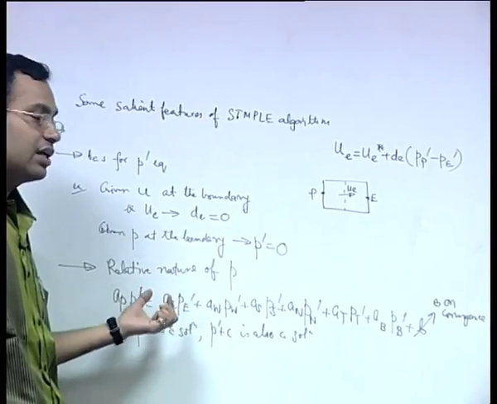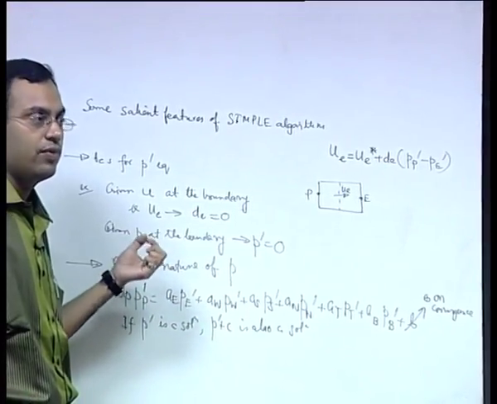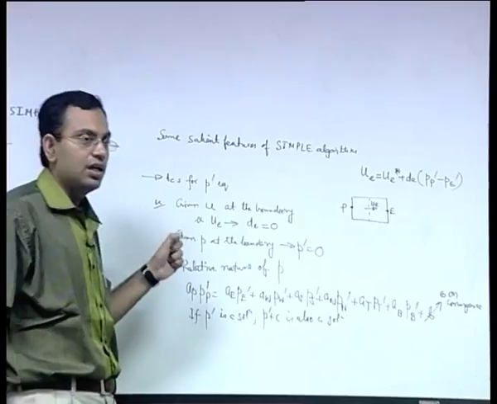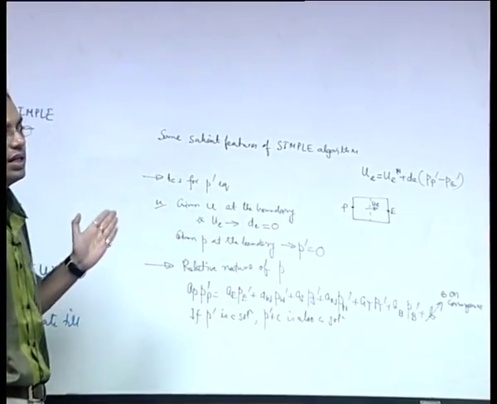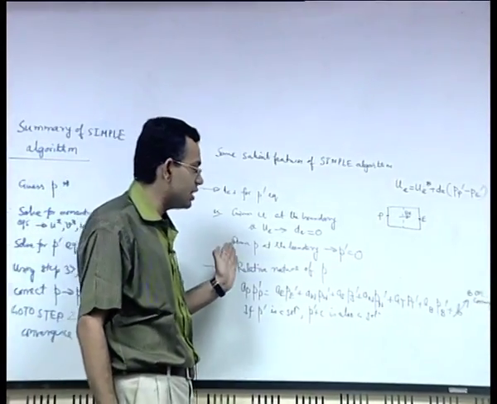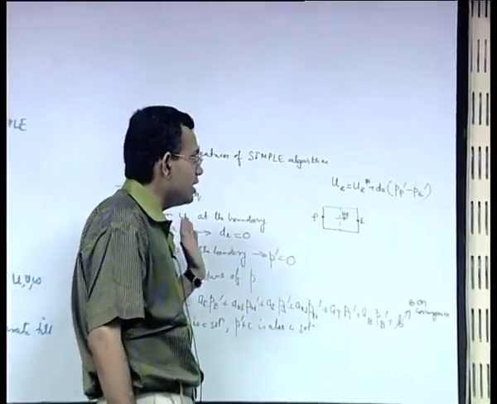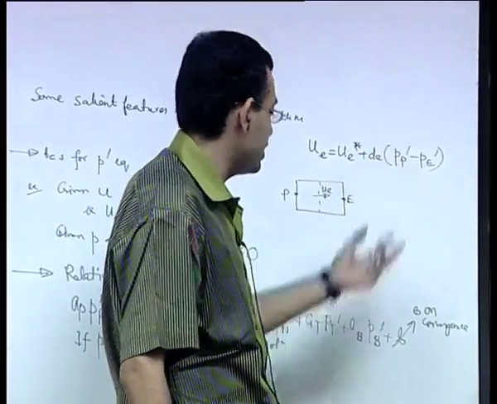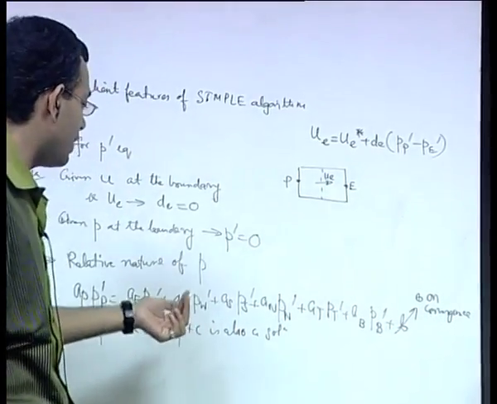The reason is that in an incompressible flow, when you are not considering a density dependence of pressure correction, it is the difference in pressure that is important for driving the flow, and that difference in pressure is reflected in terms of the difference in pressure correction, and its absolute value does not matter.